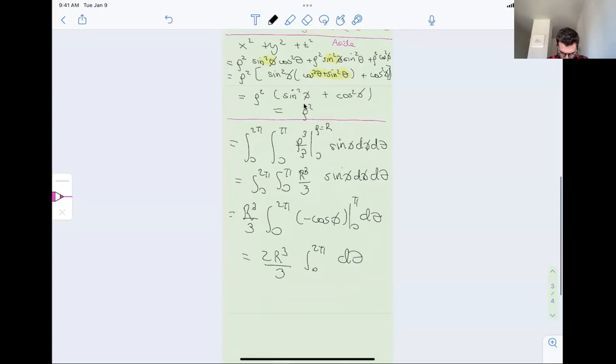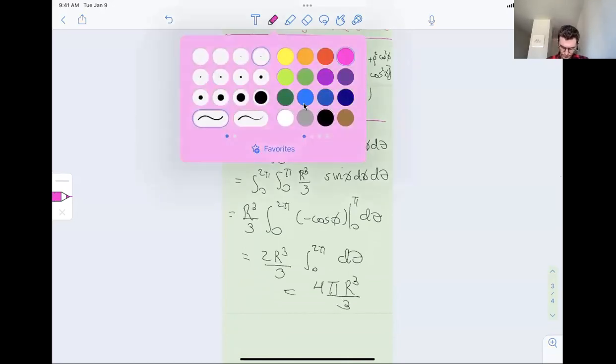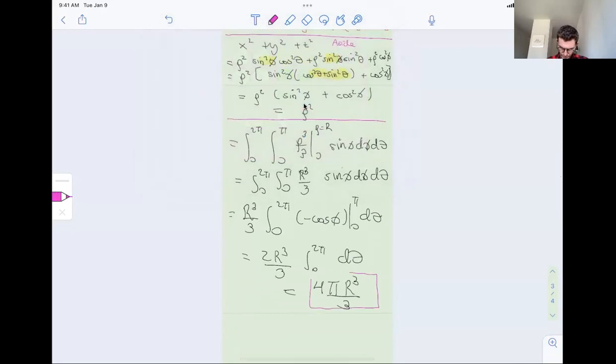And so you get 4 pi r cubed over 3, which some may recognize as the formula for the volume of a sphere, right? Is that okay?